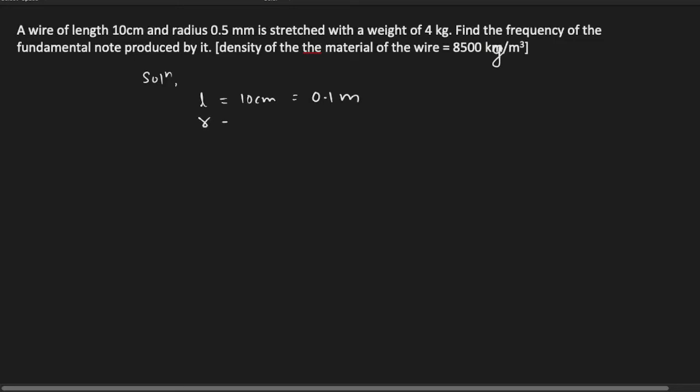Radius of the wire is 0.5 mm, equal to 0.5 into 10 power minus 3 meter. Mass is 4 kg. The density of the material is given as 8500 kg per meter cube.